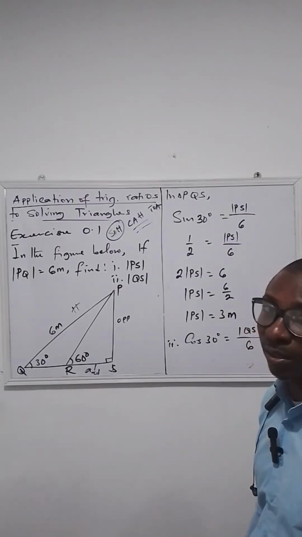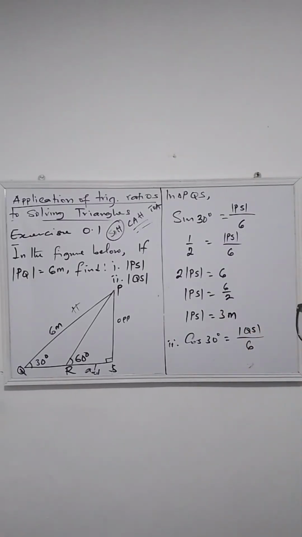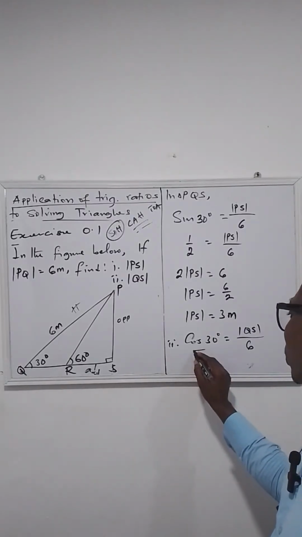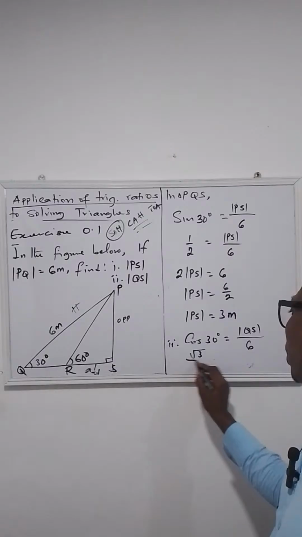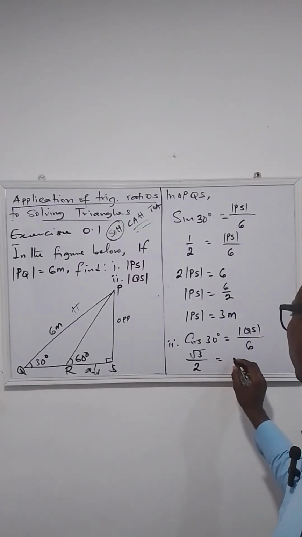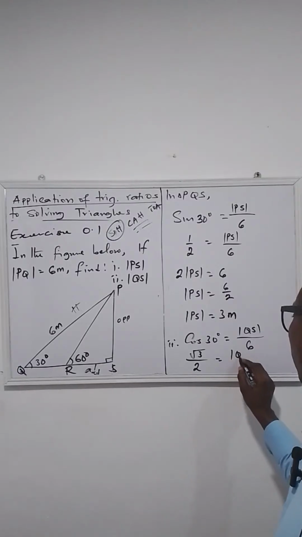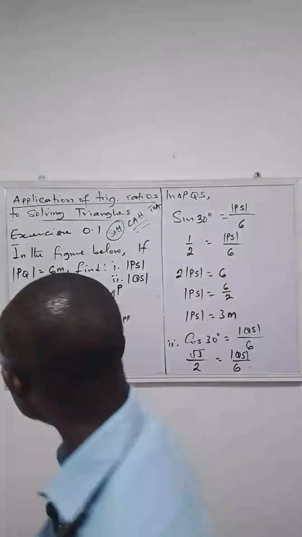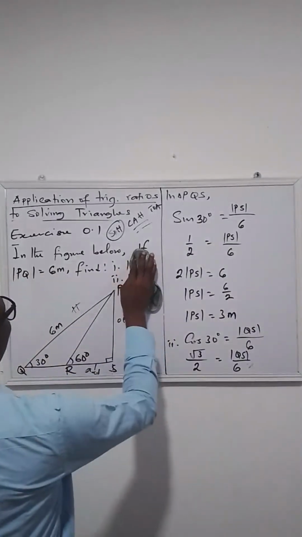All right, so what is cos 30 degrees? I want to believe you know that that's going to be square root of 3 over 2, which is the same thing as QS over 6. So here you can cross multiply. So when you cross multiply, what do you have?